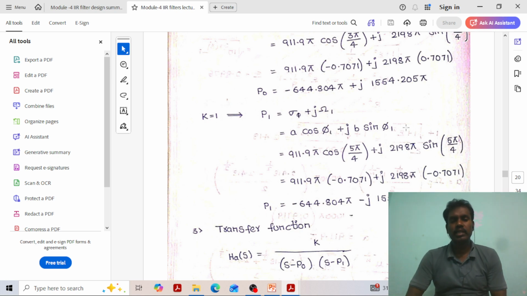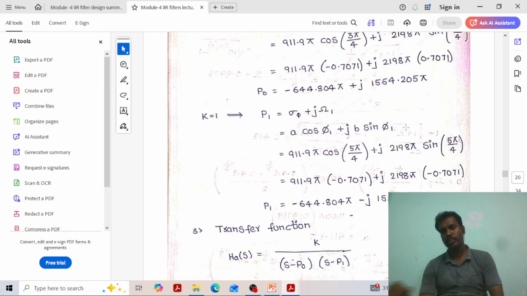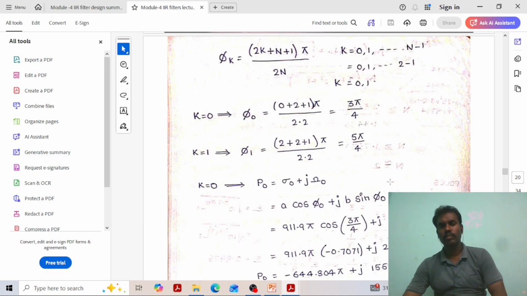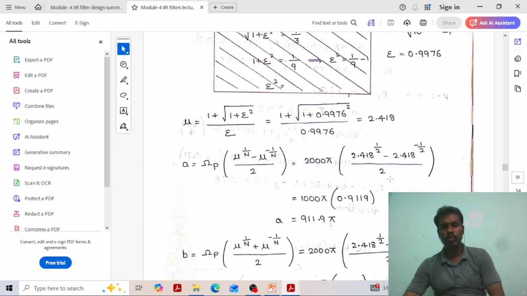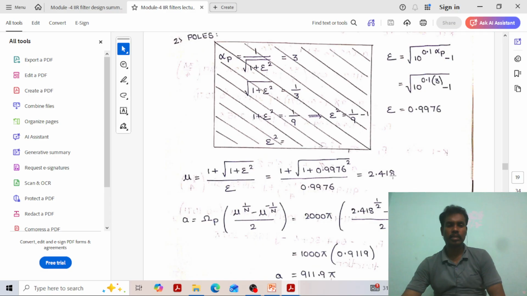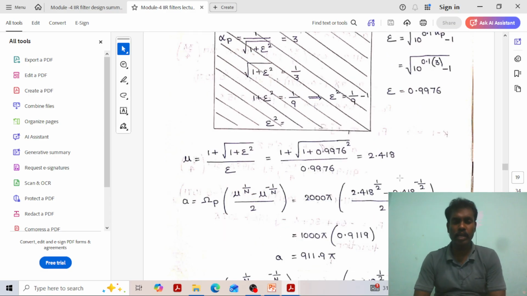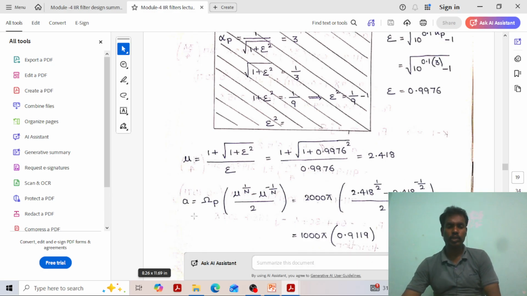As I told, the pole locations lie on an ellipse. So a and b are nothing but the major and minor axis lengths. The a and b values are calculated from the well-known formulas. a is equal to omega p into (mu power 1 by n minus mu power minus 1 by n) by 2.